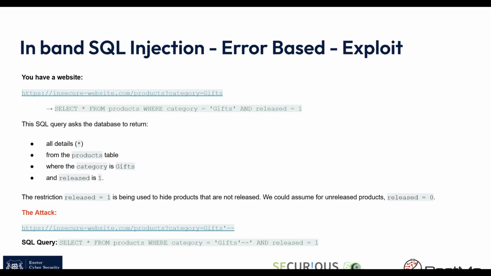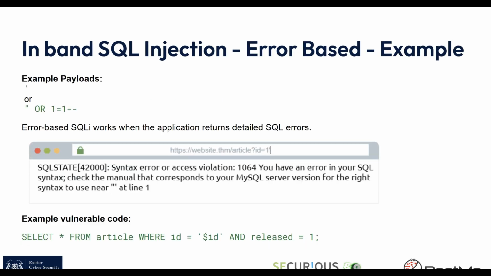But if I start injecting and adding comments at the end, so imagine this was my ID = 1, and I just add a quote and my comment, then it will automatically comment out this part of the query that was initially made, making me stop at gifts. I will get the released and unreleased gifts because I removed the end of my statement by injecting a comment in my URL.